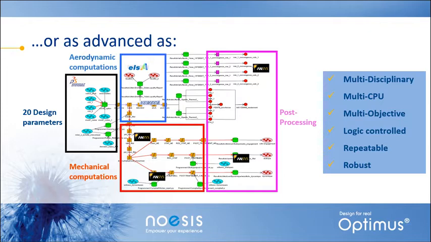Really, the possibilities are limitless. It's a repeatable process that's also a robust process. So after the analyst that develops this workflow, for instance, moves on, it's very clear the process which he was utilizing. Not having worked on this product directly, I can tell you exactly what information is being passed to each of the different simulation software packages.